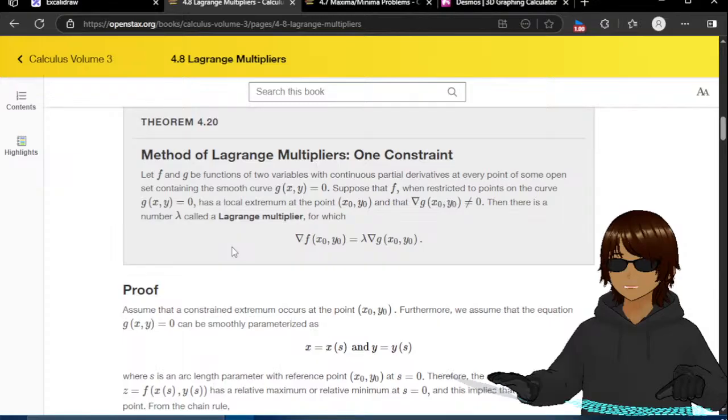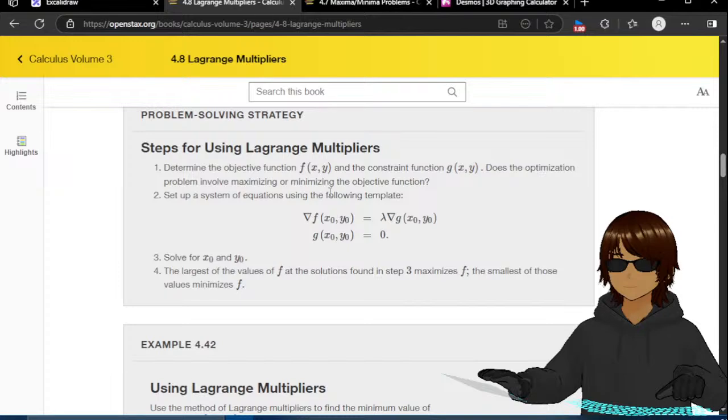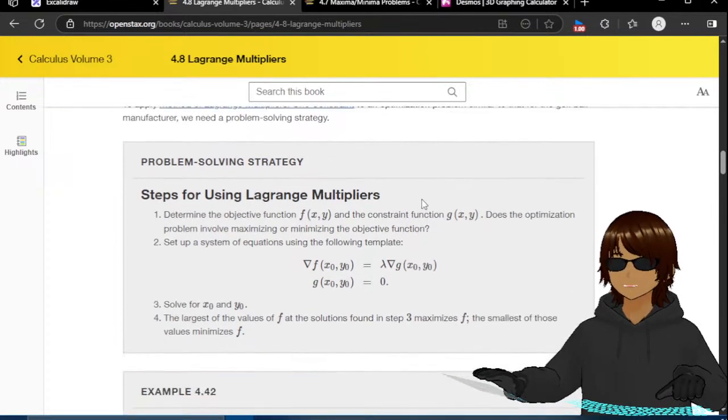Then there is a number called the Lagrange multiplier for which grad f is equal to the multiplier times grad g. So f of x is our main function and g of x, y is our constraint function.